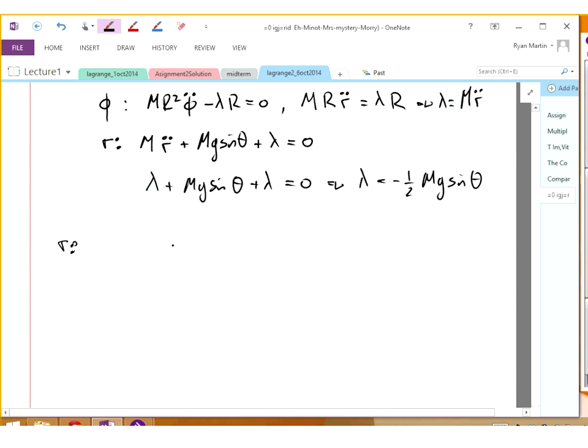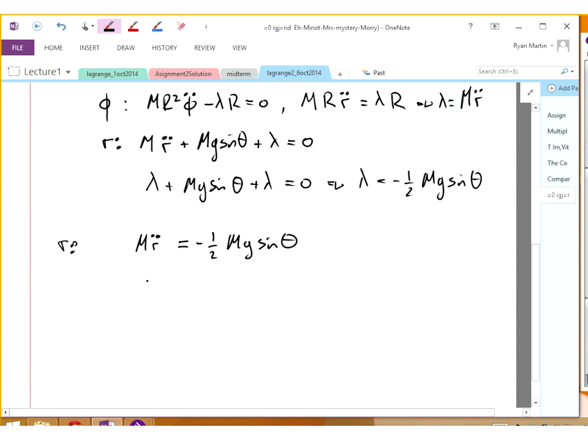I get m r double dot equals plus mg sine theta plus lambda, and lambda is minus a half mg sine theta, so that's m r double dot plus a half mg sine theta, and if I move that to the other side, I now get m r double dot equals minus a half mg sine theta.